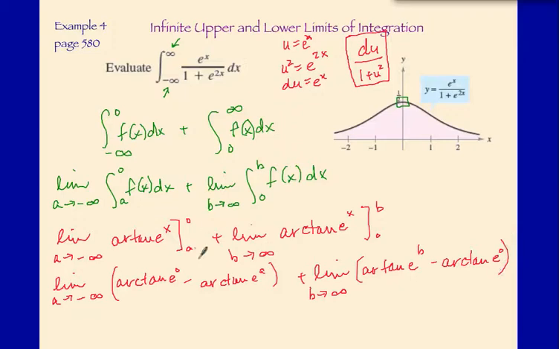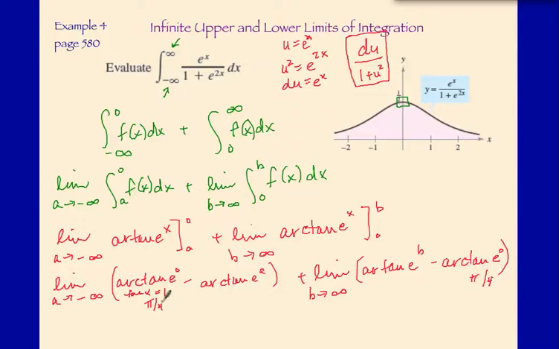Now e to the 0 is 1. Arctan of 1 would be saying the tangent of what angle is equal to 1, and that turns out to be pi over 4. So this value is pi over 4, and this value is pi over 4 over here.